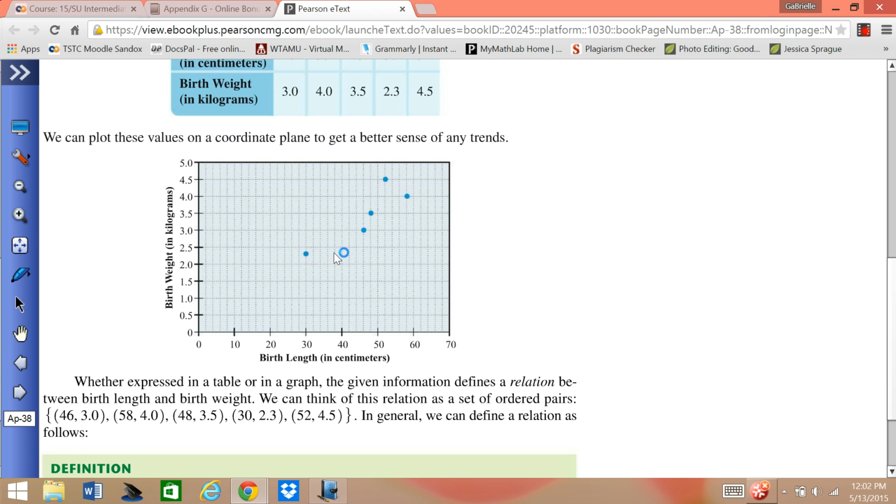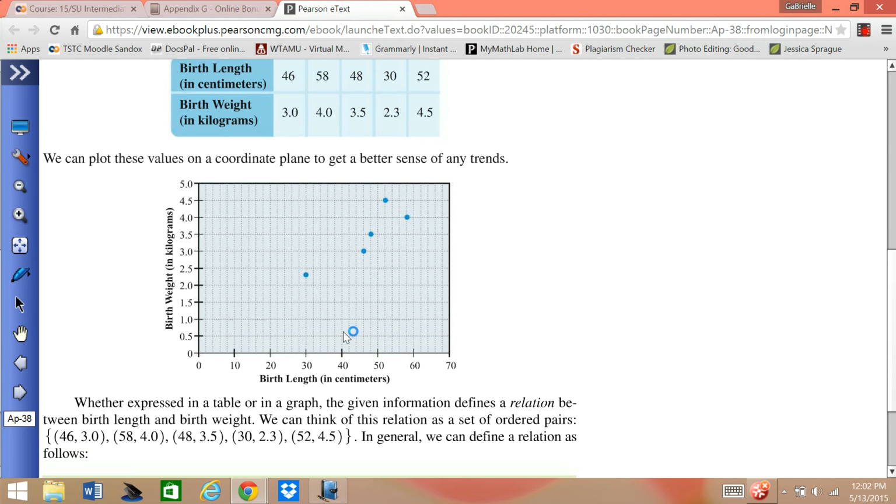Look here. This blue dot right here corresponds to 30 and about 2.3. So 30 and 2.3 would be considered a relation, and that's this one right here. This next one would be about 46 and 3.